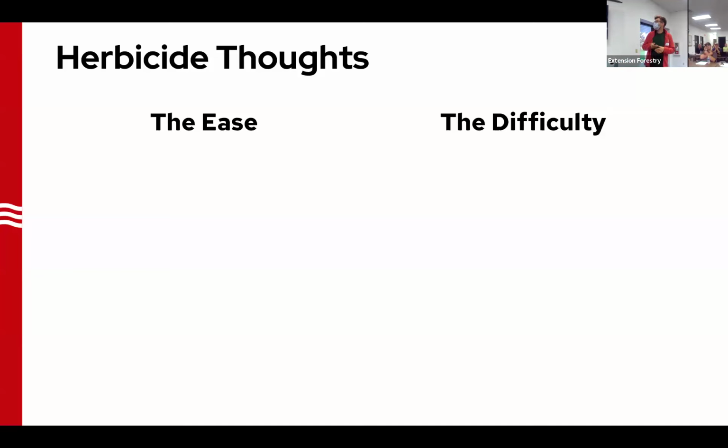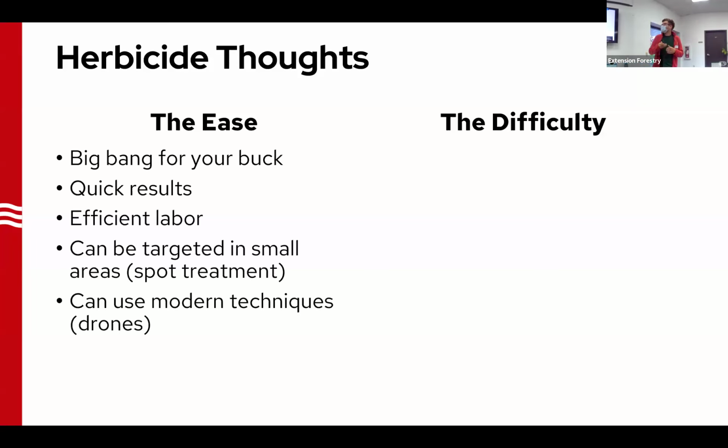Herbicide. So sometimes people are really gung-ho about using herbicides. Sometimes people don't necessarily want to use herbicides or have questions. Both of those approaches are valid, but I just want to give you some thoughts for herbicide use. I really think that herbicides can have a big bang for your buck.